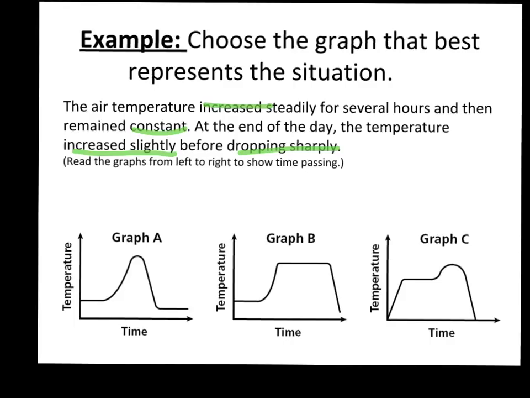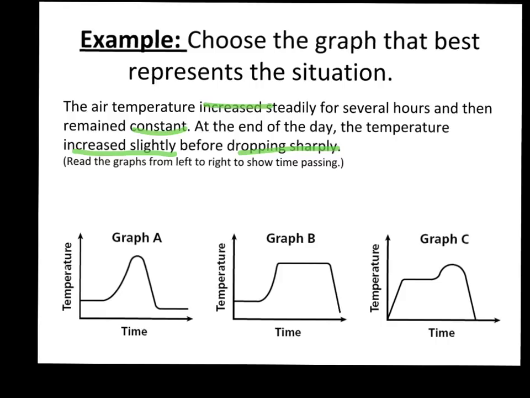So we have a temperature. It's not 0. It's just there. It could be 0, we don't know, but it is increasing steadily. Okay, so we want something that's going to start going up right away, and then it's going to become constant. Remember from that last slide, a constant is a straight line.